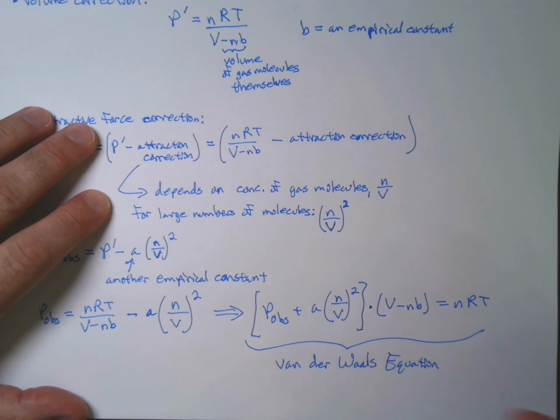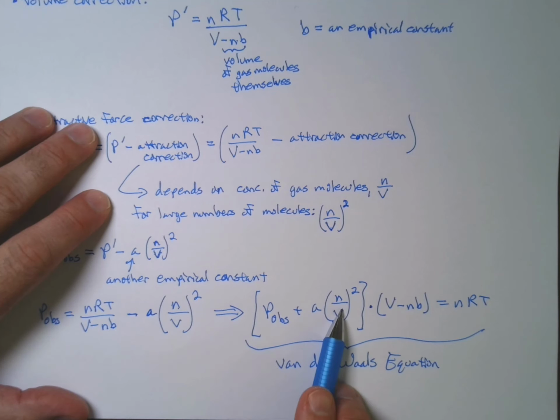It's a, I think, a Dutch name, and so the V is pronounced like an F and the W is pronounced like a V. Van der Waals equation. Anyway, it's okay if you say van der Waals, that's fine. What we have here is pressure with a correction factor due to the attractive force.